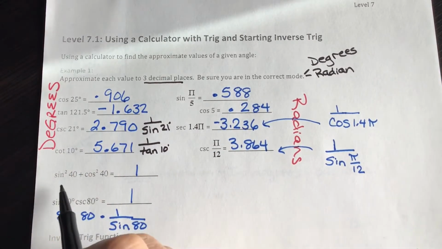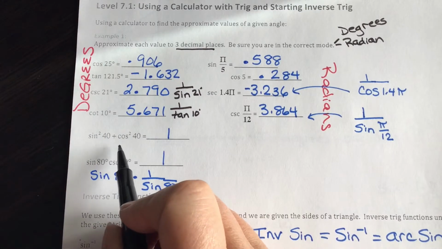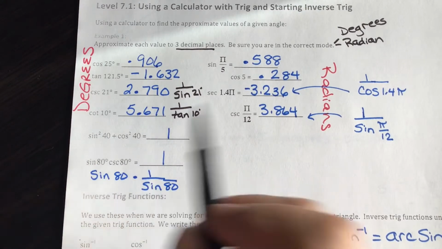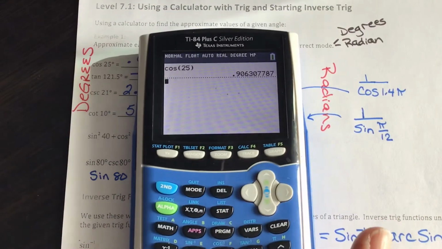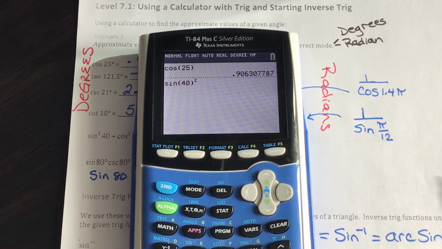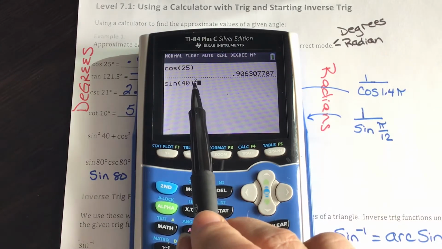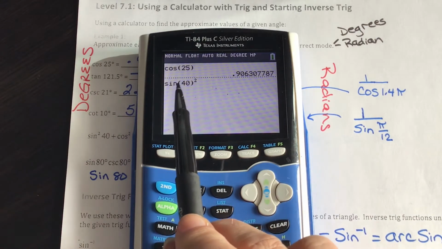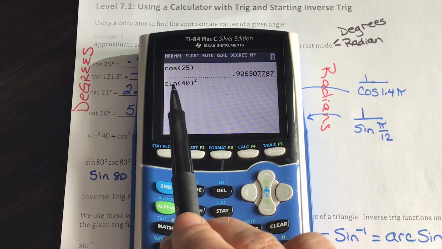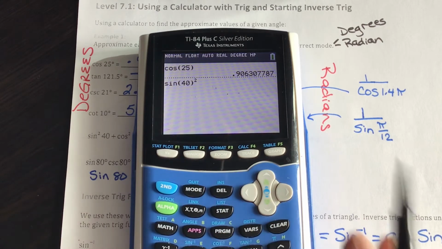Then when we get to this one, sine squared of 40 plus cosine squared of 40, when you're putting that in your calculator, you have to put the angle measure in first, then you can square it, and it will square on the outside of the parentheses, but the calculator knows that it's supposed to be sine of 40 squared.